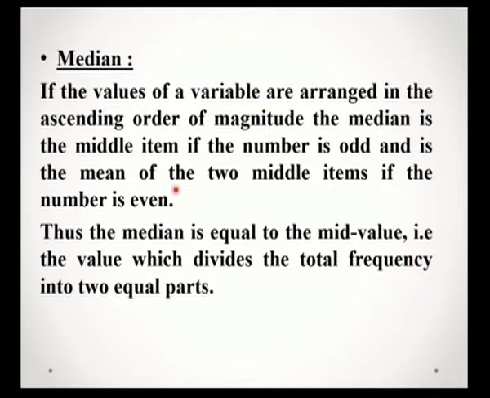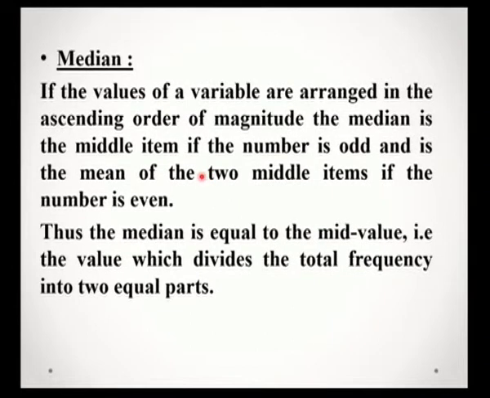If the values of a variable are arranged in ascending order of magnitude, the median is the middle item if the number is odd, and is the mean of the two middle items if the number is even. Thus, the median is equal to the mid value, that is, the value which divides the total frequency into two equal parts.